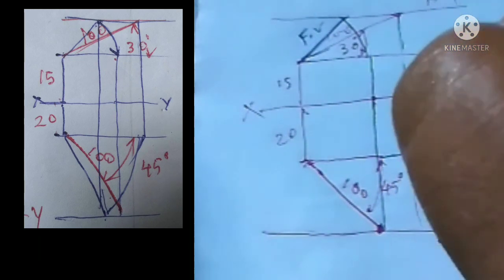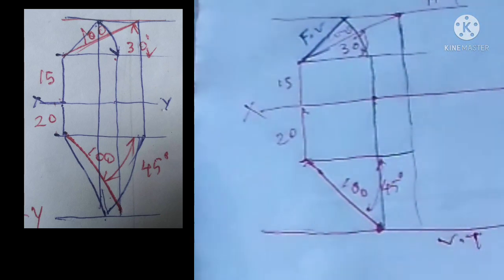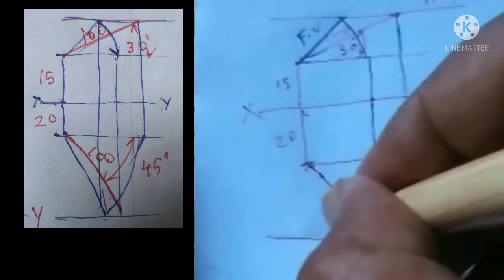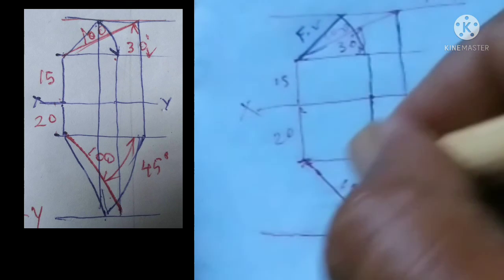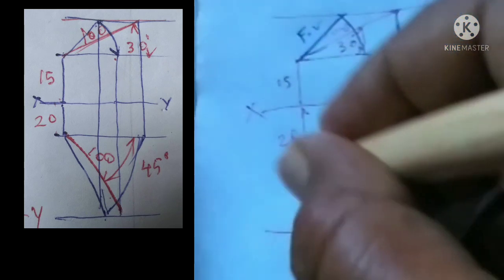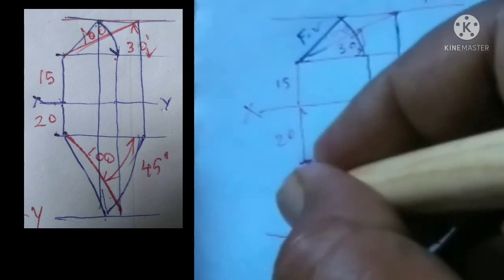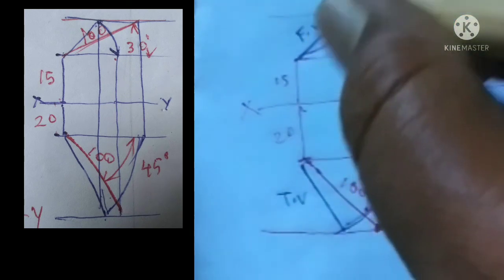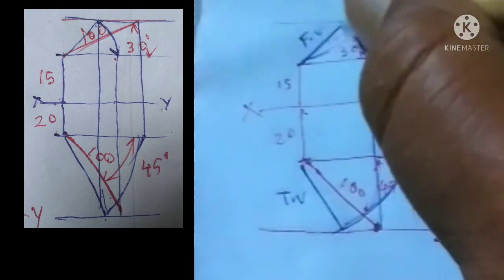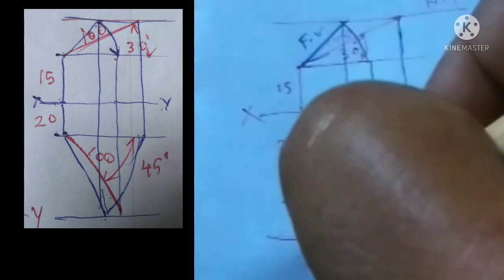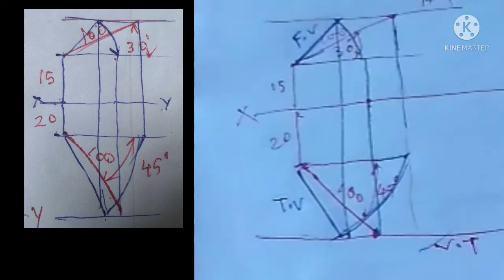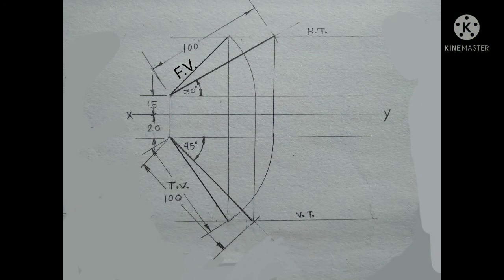Compare with the left side drawing, we will draw the projection line up to the parallel line, and again we will draw an arc and draw the top view. Join the end point of the front view and top view, which will be a line perpendicular to XY. And this is the final drawing.